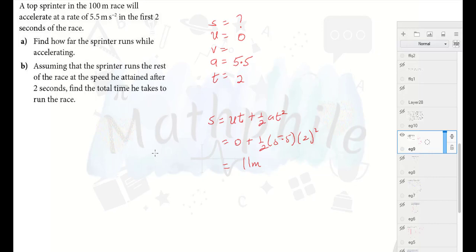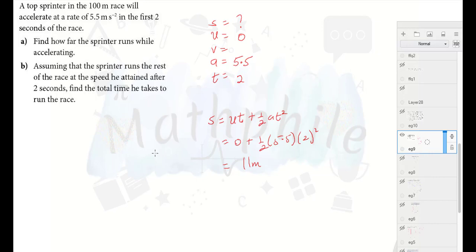So what do you think this is going to be? For the Suvat thing, how will I write it? Is there any acceleration over there? No. Right now, what they gave us was velocity, and they told us that assuming the velocity he had after 2 seconds is the same he uses throughout the race.